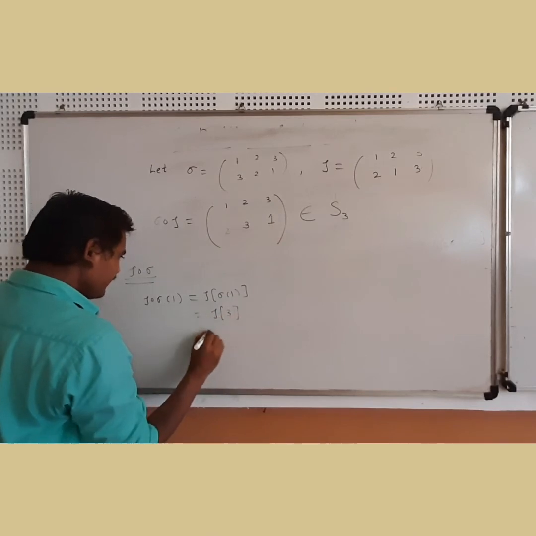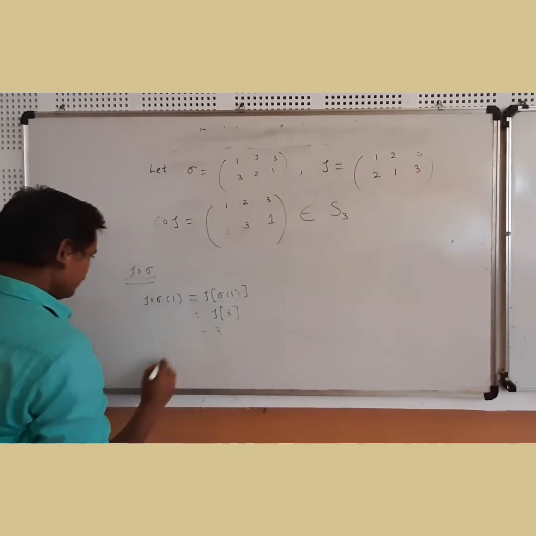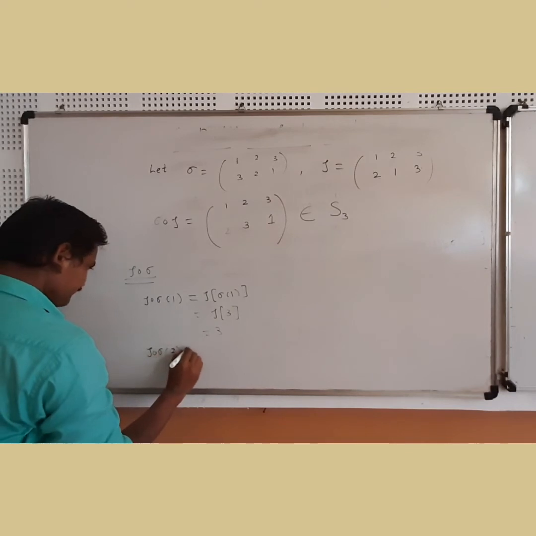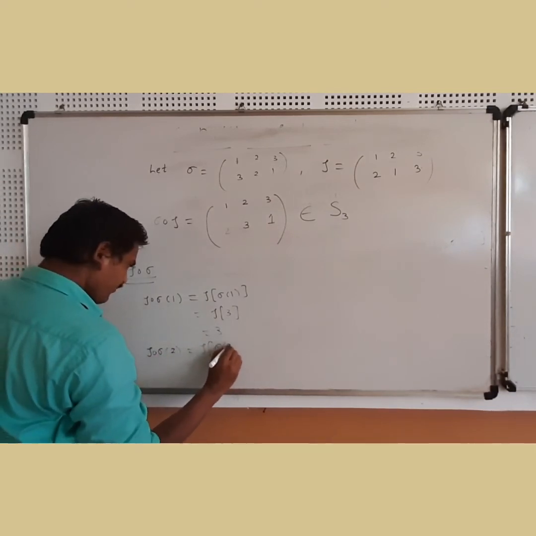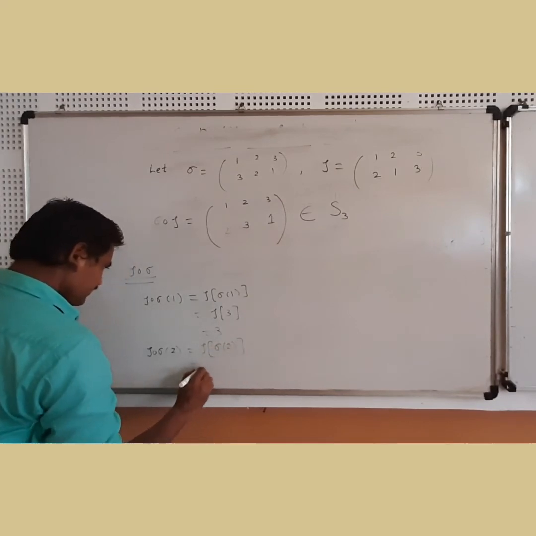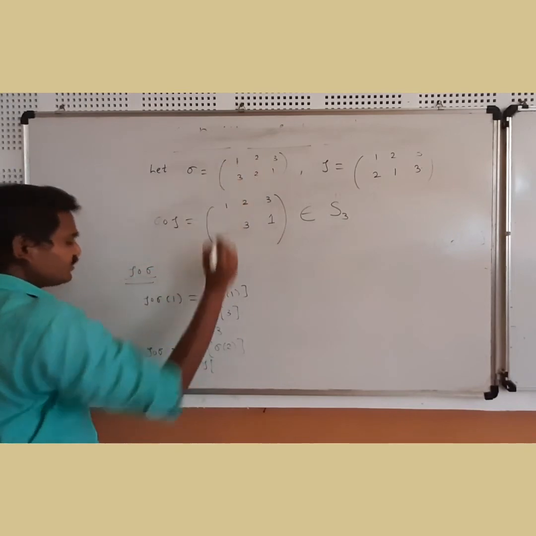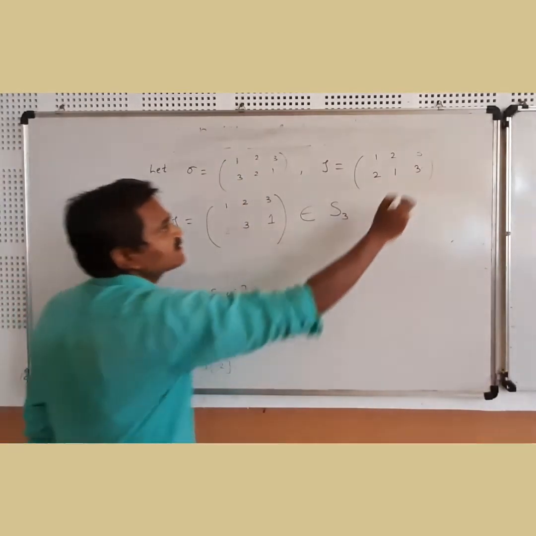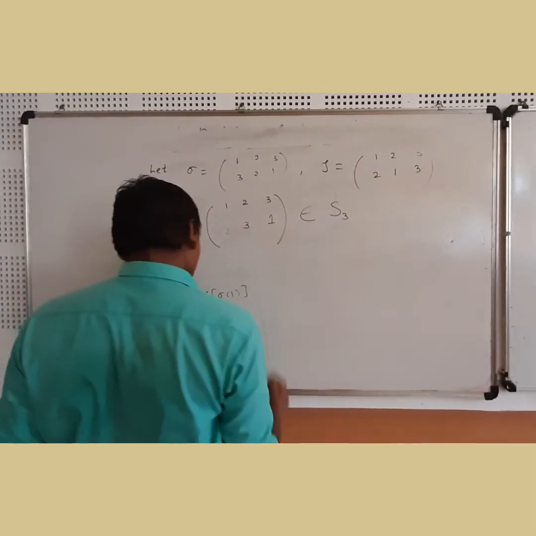So tau of 3 is 3. Tau circle sigma of 2 is tau of sigma of 2. What is sigma of 2? Sigma of 2 is 2. So tau of 2 is 1.